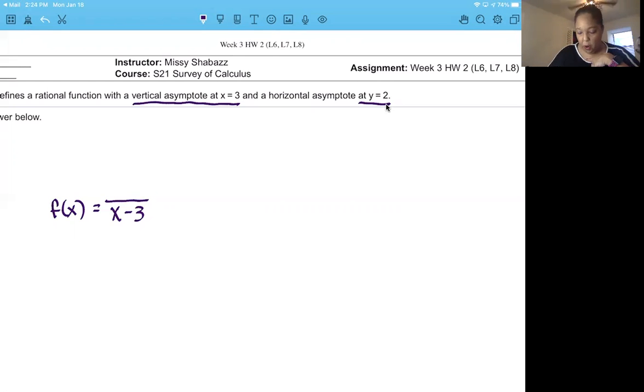So since my leading coefficient in the denominator is 1, I need my leading coefficient in the numerator to be 2. I could just say 2x, or 2x minus 5, or 2x minus 10, whatever.